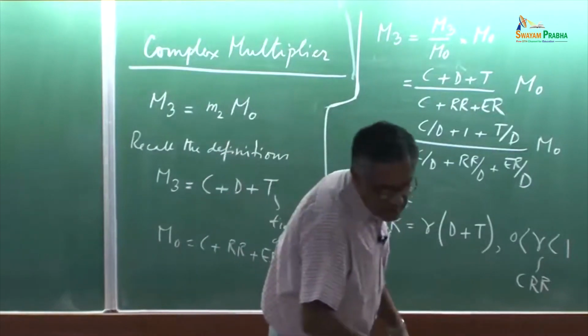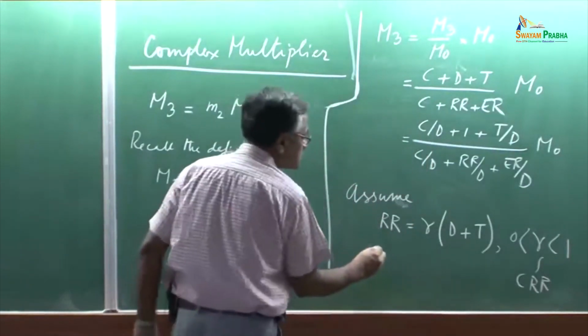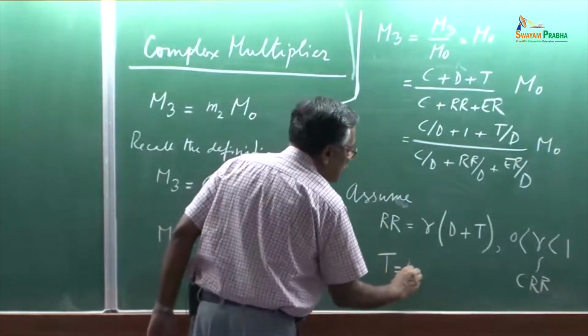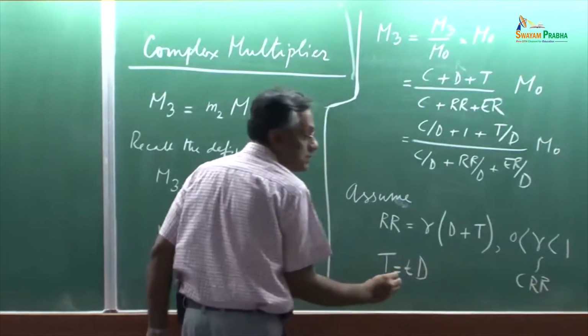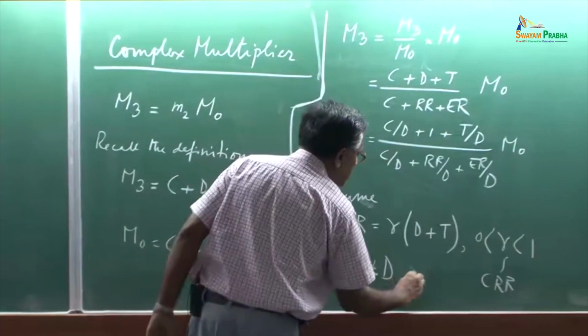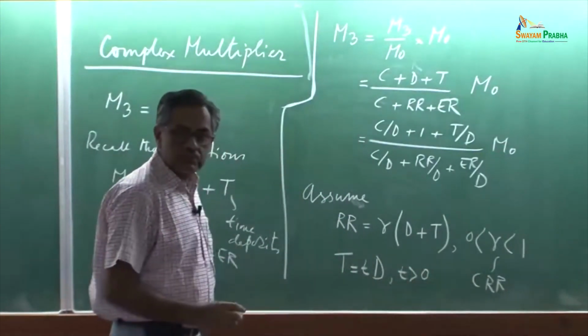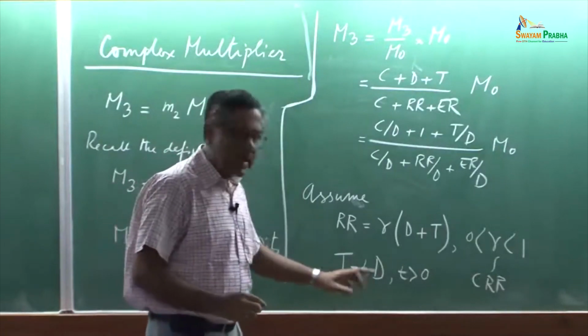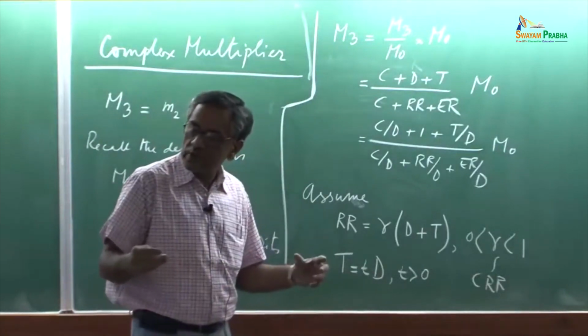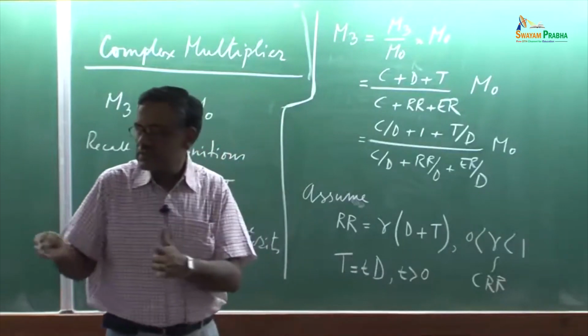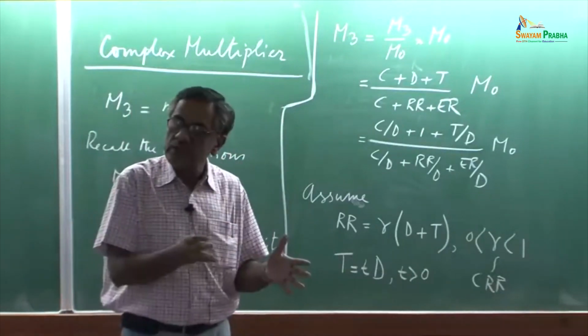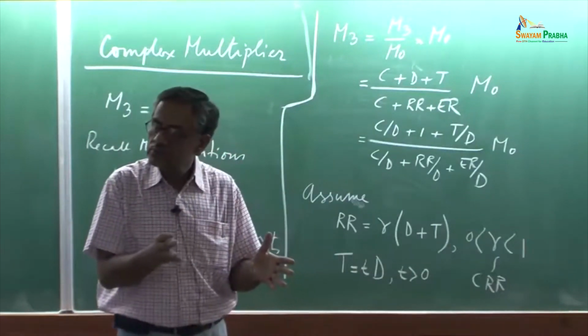Second, let us assume that the time deposits grow in proportion to demand deposits, where small t is just simply a positive number. Time deposit to demand deposit, there is a behavioral relationship in the economy. People want to keep this much money in savings account and put this much money in the fixed deposit accounts.